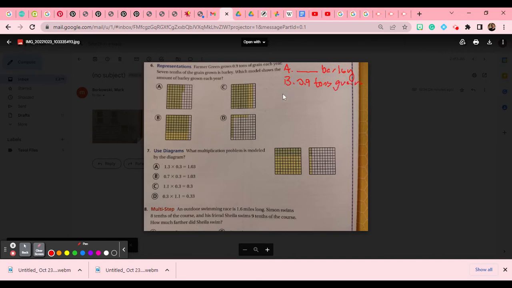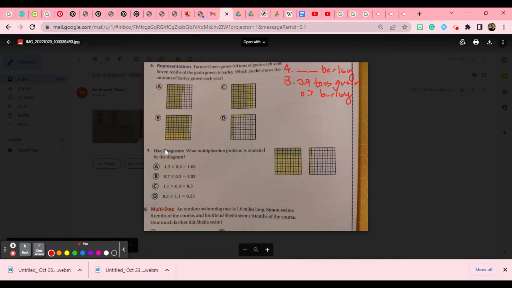And 7/10 of the grain grown is barley. But that's not our amount of barley. That is the amount as related to the total.